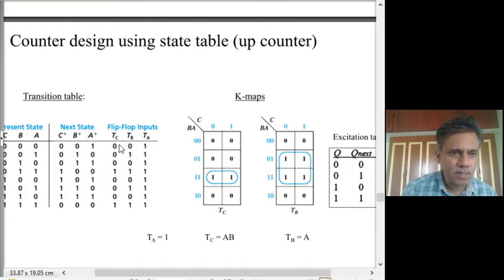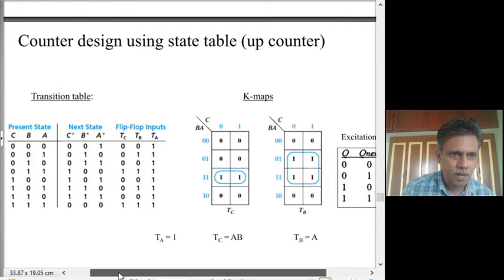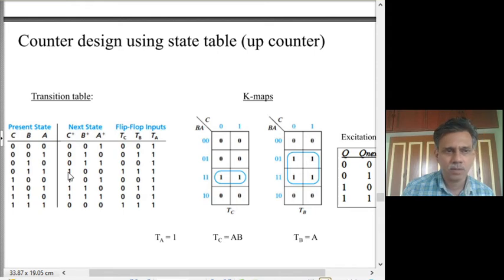Similarly, coming to TC, look at C and C plus and fill these values. For the first 4 rows, C is 0. So if you look at C plus, if they are the same, TC has to be 0. If they are different, TC has to be 1.